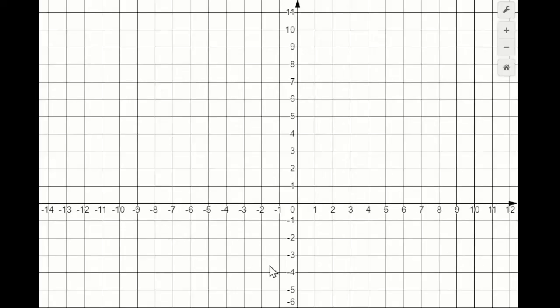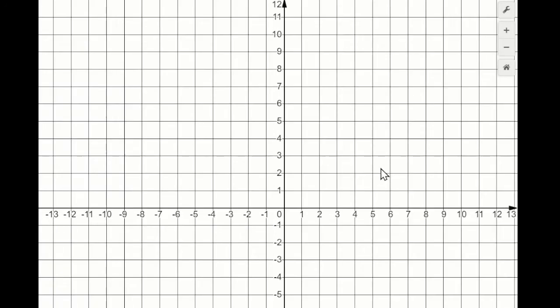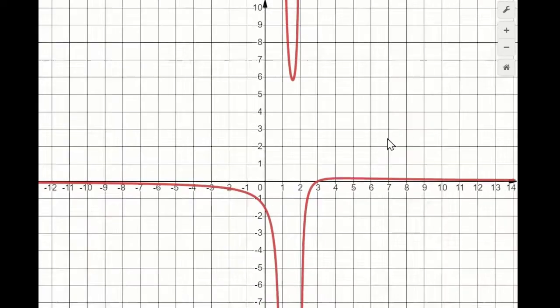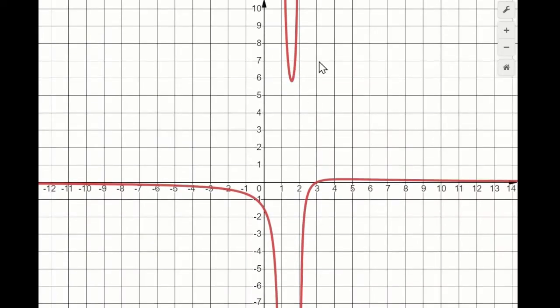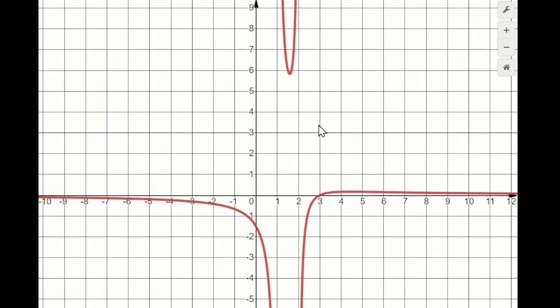All right, so now on our graphing space with Desmos here, this is our graph for f of x, that rational function I had on the board. In complete factor form, that rational function was x minus 2 in parentheses times x minus 3 all over x minus 2 all squared times x minus 1 in the denominator.